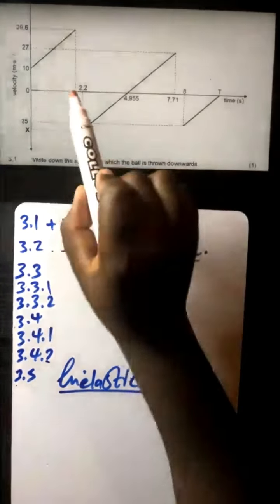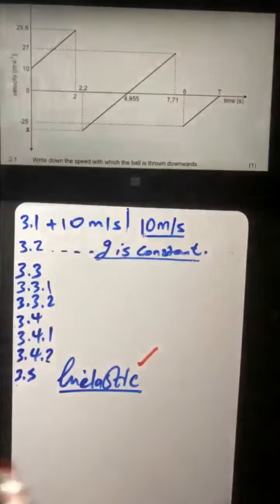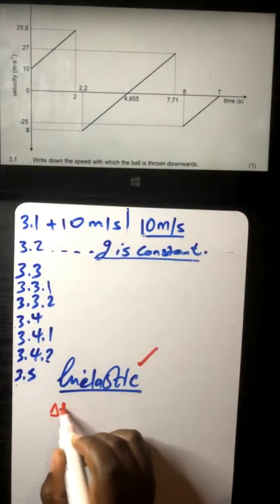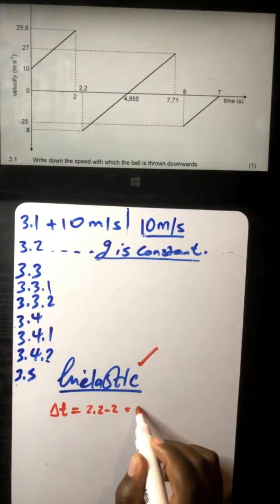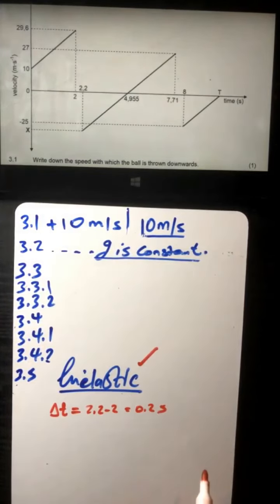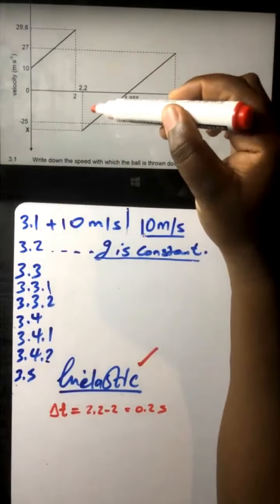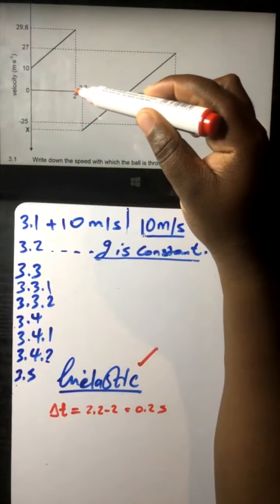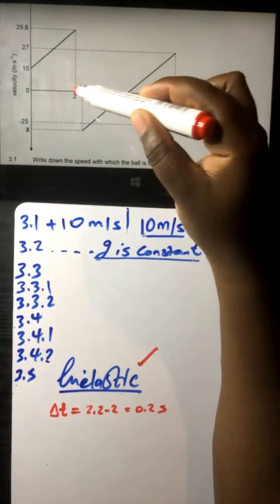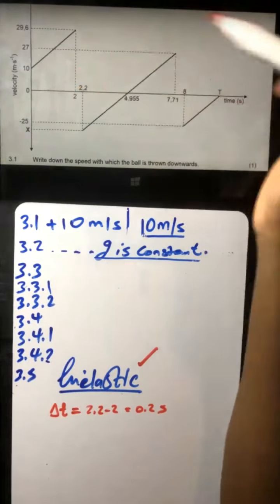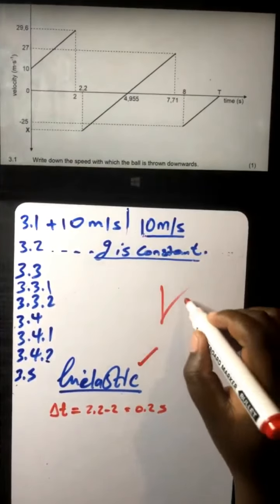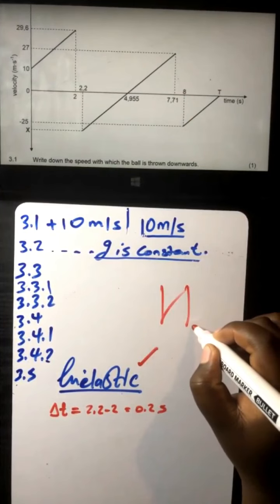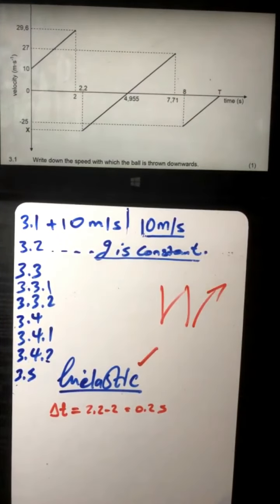You can see over there that change in time, where the change in time is 2.2 minus 2, which equals 0.2 seconds. So that means the ball, after hitting the ground, does not leave the ground at the same time at which it strikes the ground. It hits the ground, waits for some time, and then it leaves the ground.